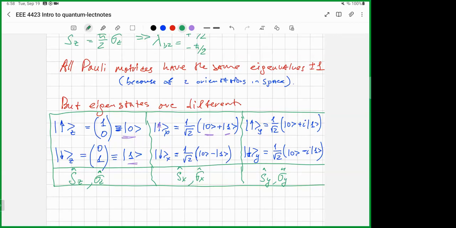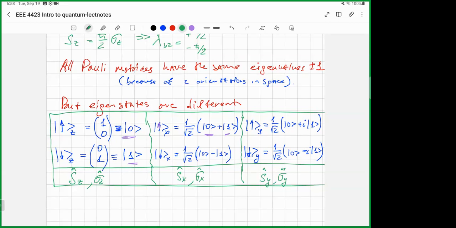The basis vectors that we will widely use for a qubit, 0 and 1, are essentially the eigenstates of the Pauli matrix sigma z.